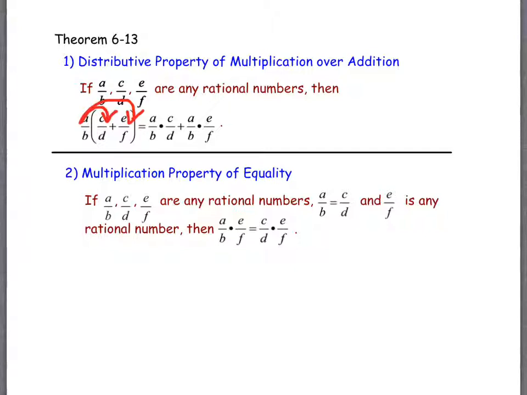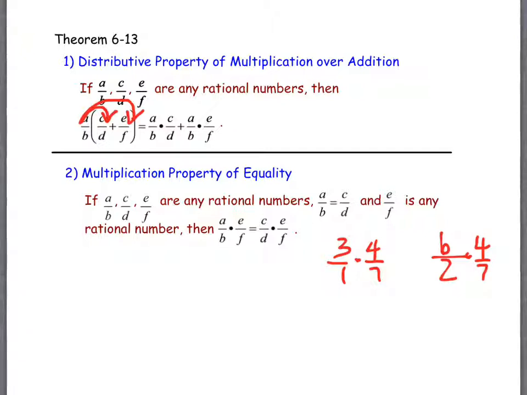And the multiplication property of equality simply says that if you have two numbers that are equal and you multiply them both by a fraction that's the same fraction, they stay equal. For example, if you had the number 3/1 and the number 6/2, and you multiplied them both by 4/7, they would still be equal.